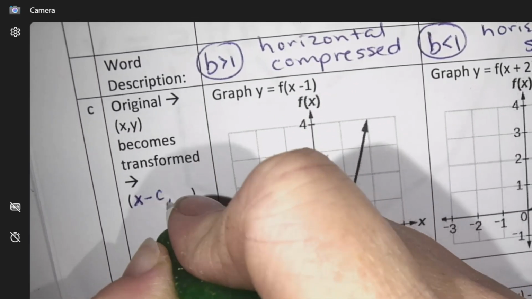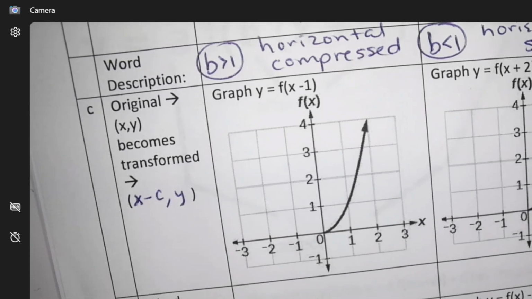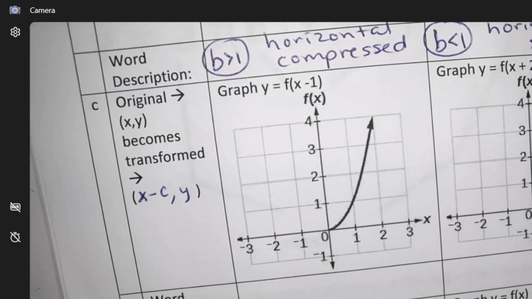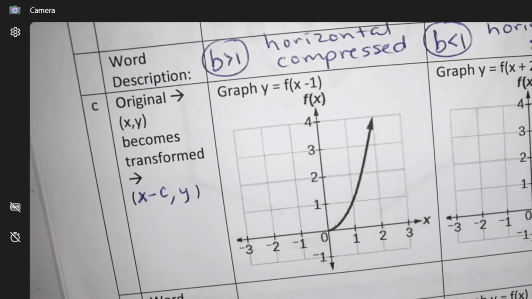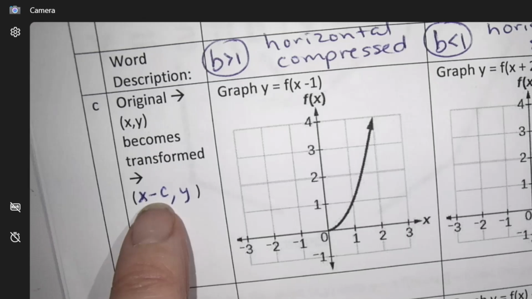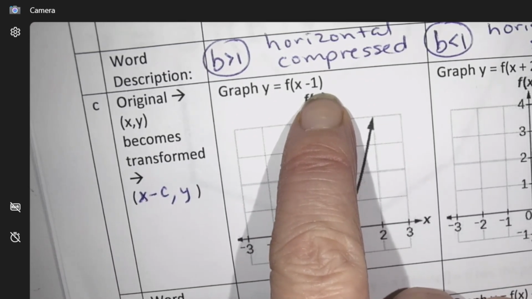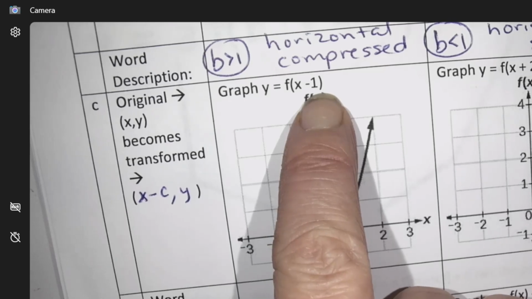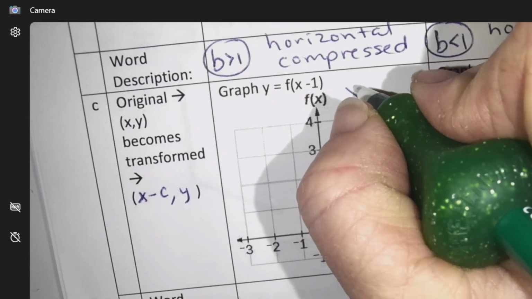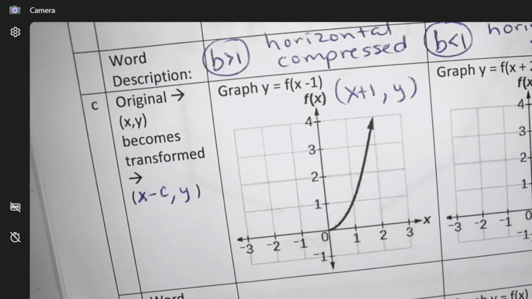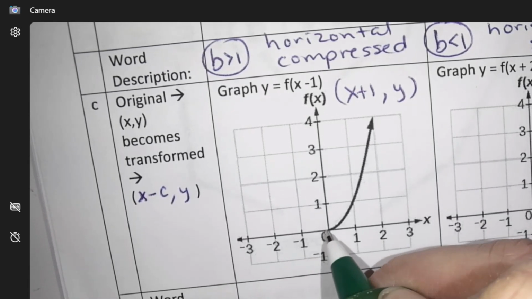X minus C. You're going to minus C. Okay, what happens if you minus a -1? What happens if you minus a -1? You actually just add 1 then. So every x coordinate has to add 1.